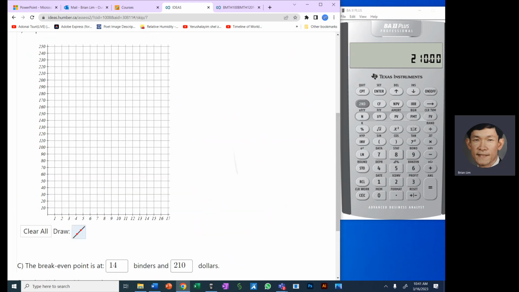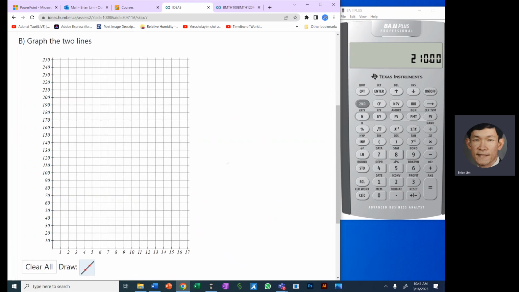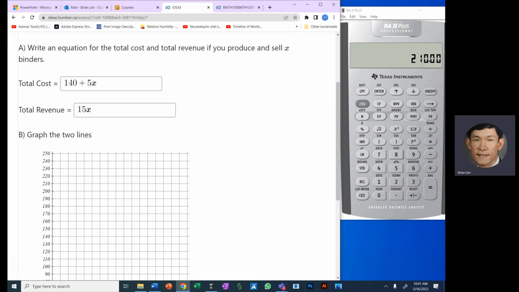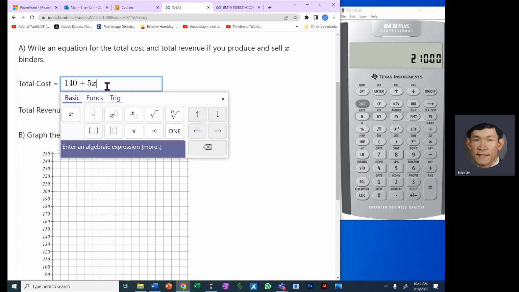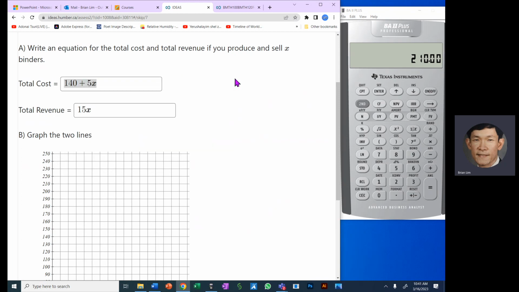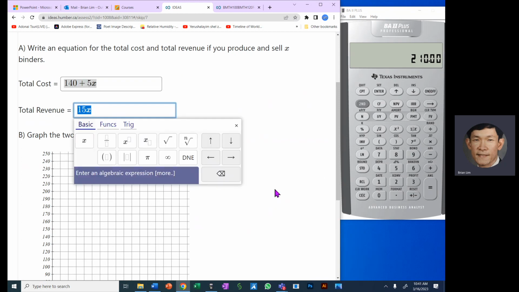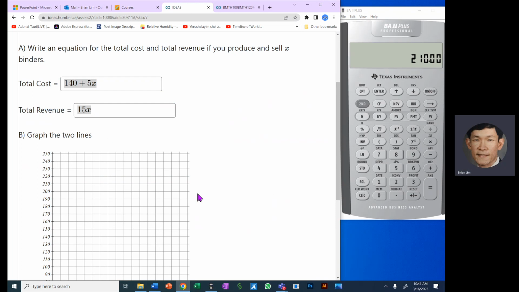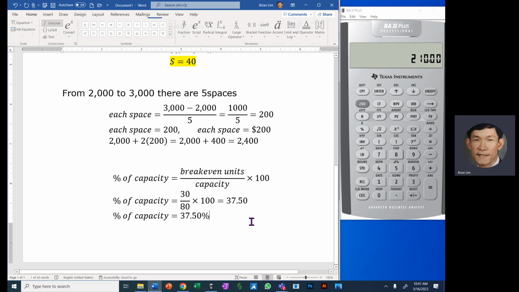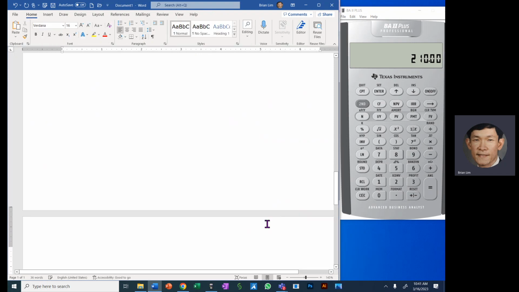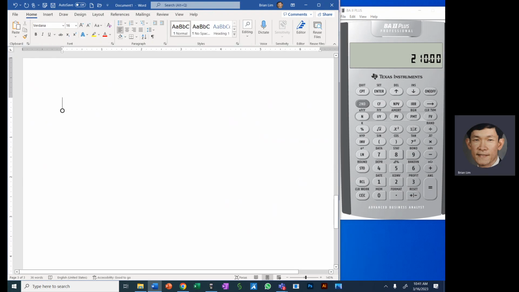Okay, so now we are to do the graph. Now, what are we graphing? Well, we're graphing these two lines. Write an equation and then graph these two lines. These two lines meaning total cost and total revenue. All right, well, the total revenue is actually the easier one to do, but let's go maybe to a new page. Let's start.